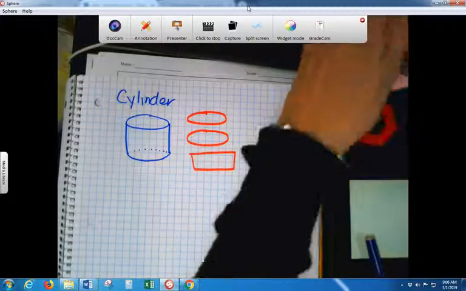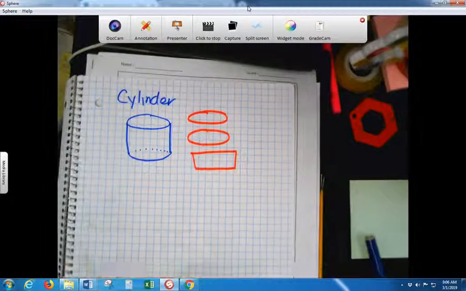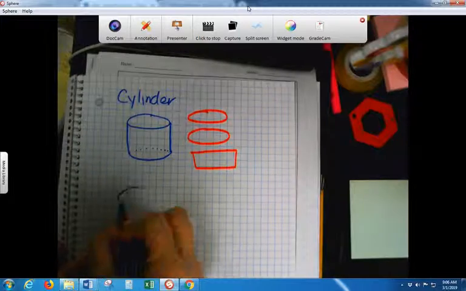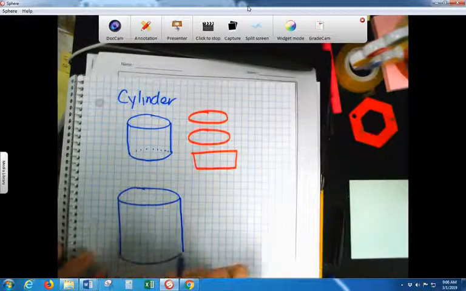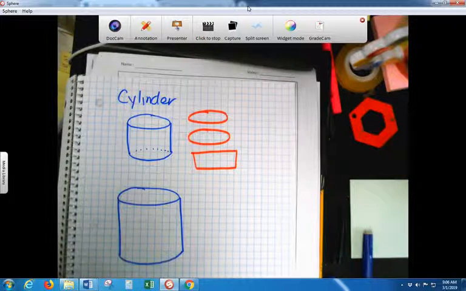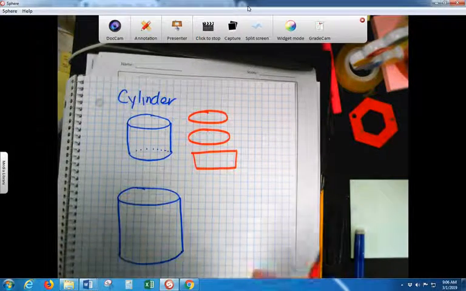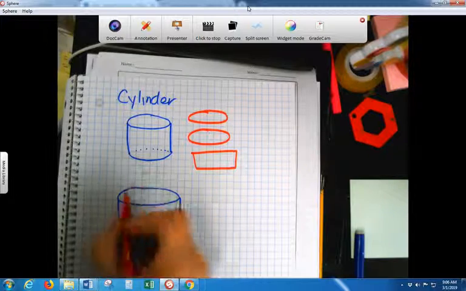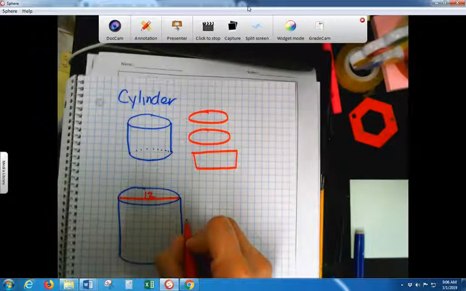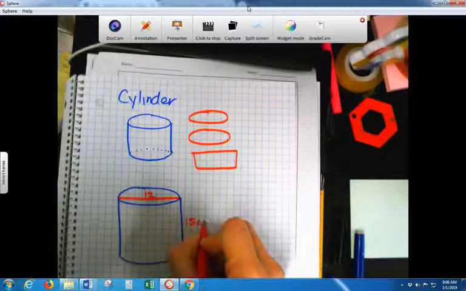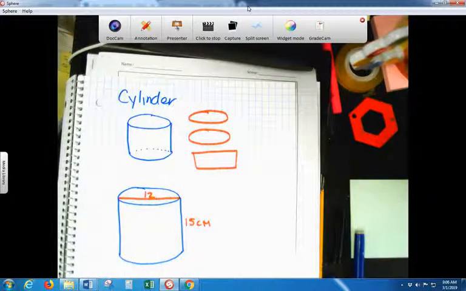Okay. So, let's do one with the map. I think that's it.